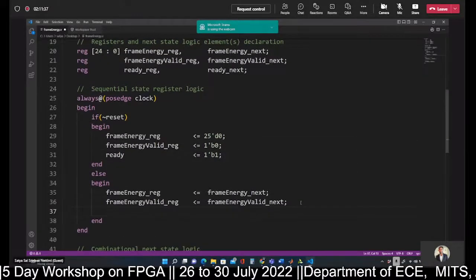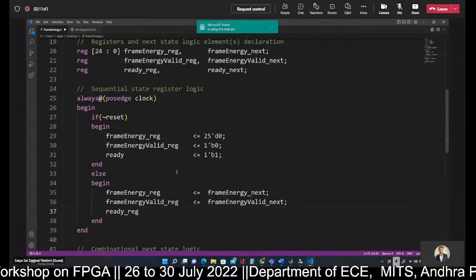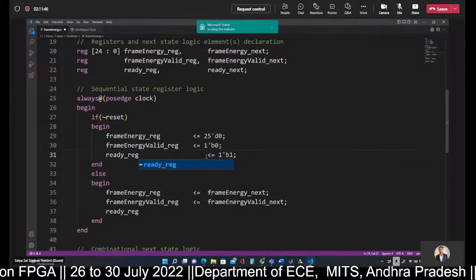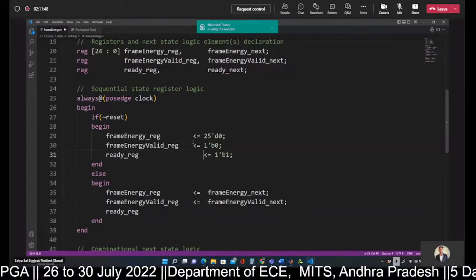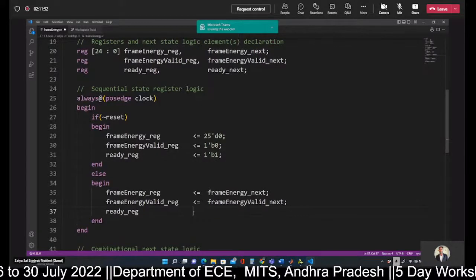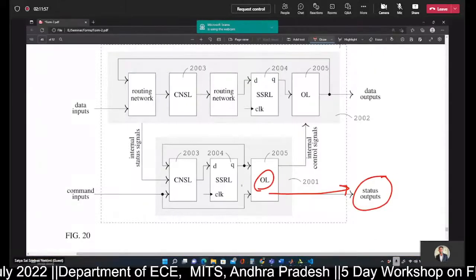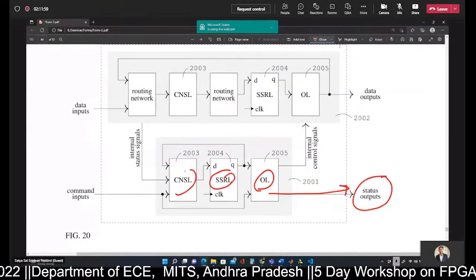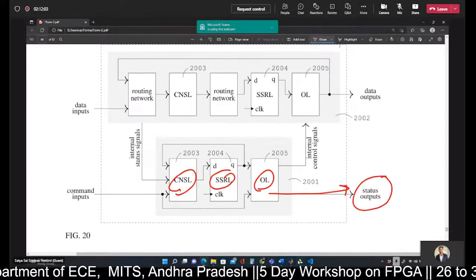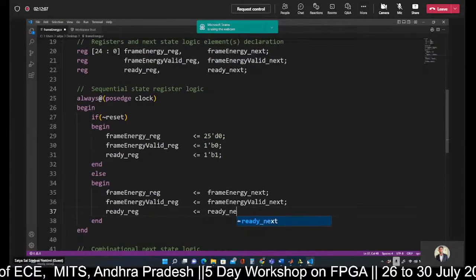When reset is not there, then the sequential state register logic will always follow the combinational next state logic. So ready_reg should be equal to ready_next.